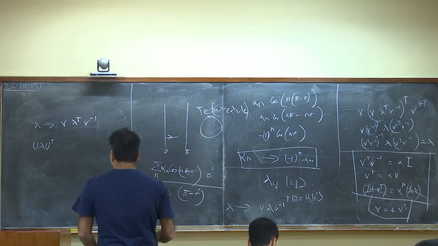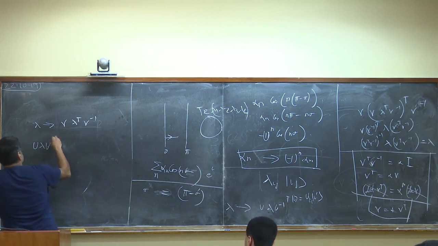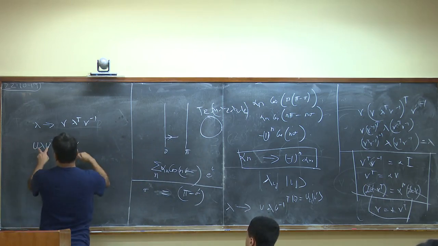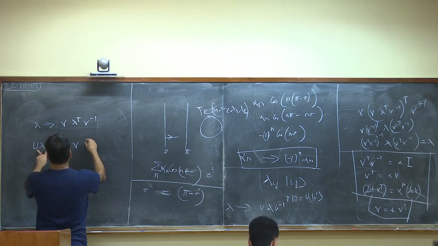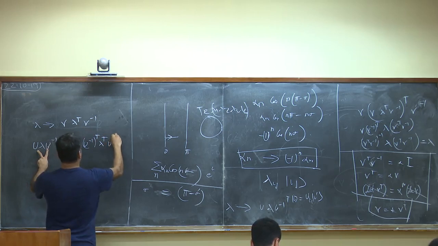Okay, so now we've got this goes to gamma, and then we've got this horrible thing. So that's u inverse transpose lambda transpose u transpose gamma inverse.